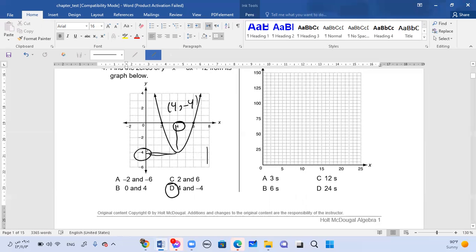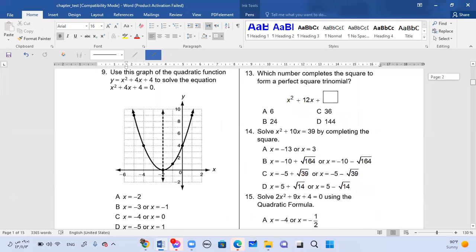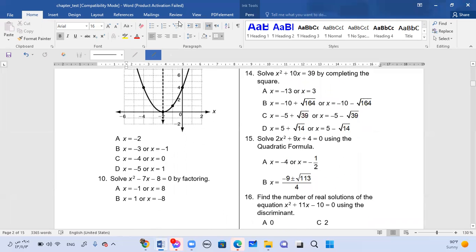Another exercise to determine the vertex. Yes, Sultana, what about this point? -2. And what is the value of y in here? 0.